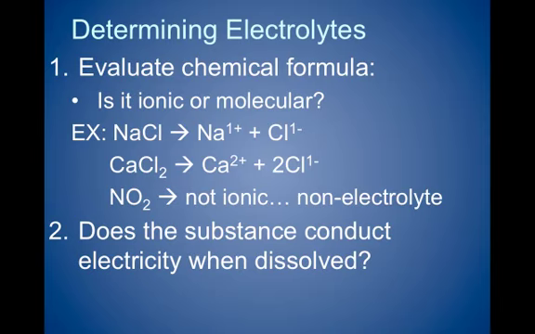Another way to tell if it's an electrolyte is if it dissolves and actually conducts electricity. So you can actually do this as a test. You can take the substance, dissolve it and test it with that setup like you saw on the previous slide. If it conducts electricity, then you're good to go, and it is an electrolyte.